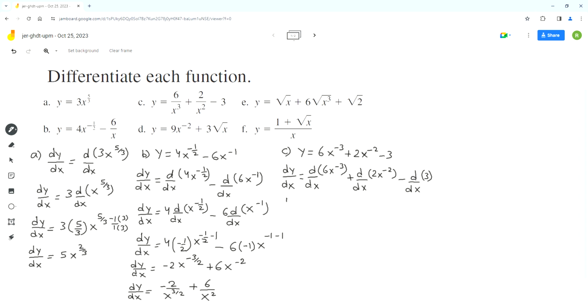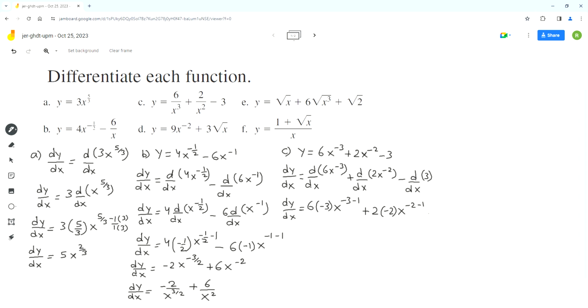So now in the next step, we can move the coefficient to the front, which is 6, and now we can use the power rule. We can move the 3 from the exponent to the coefficient and then subtract 1 from the exponent. Now for the second one, we can move the 2 to the coefficient and then move the exponent negative 2 down to the coefficient and then subtract 1 from it.